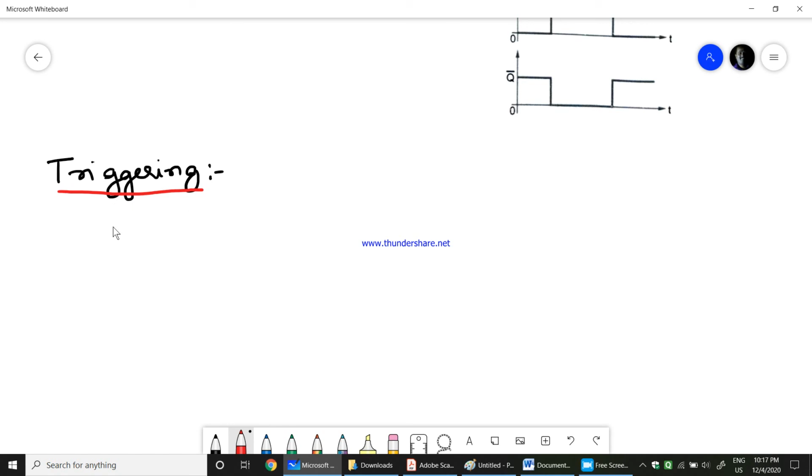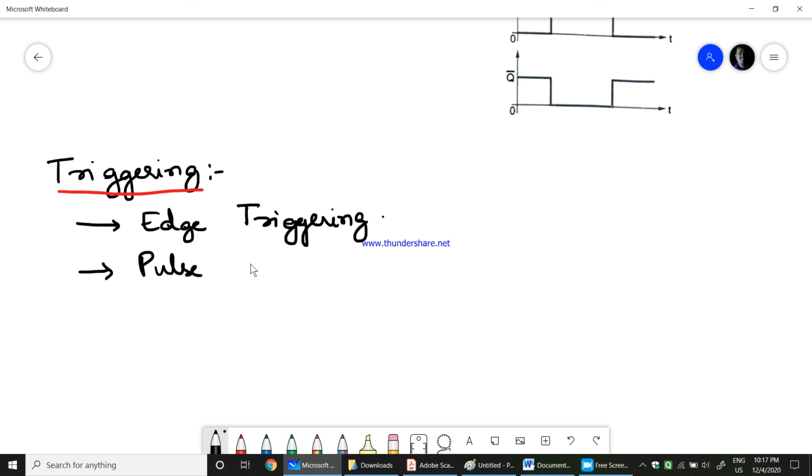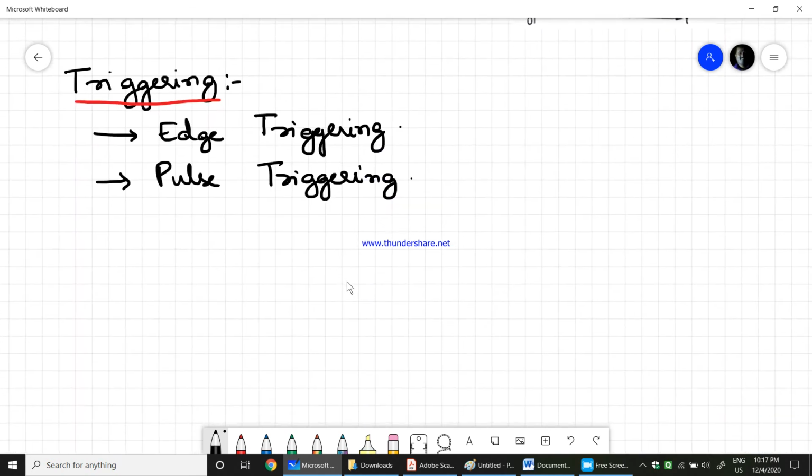Triggering is of two types. One is edge triggering, and the second one is pulse triggering.